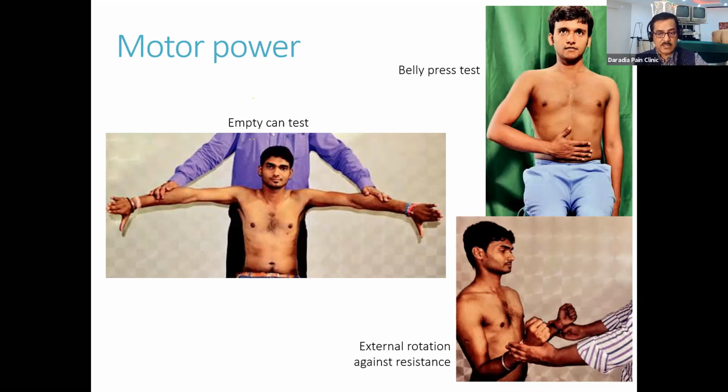Then is your belly press test. As I was telling you, the belly press test is your internal rotation, and that is by your subscapularis. And your resisted external rotation is by infraspinatus and teres minor. So these are the motor power of the 4 important rotator cuff muscles.